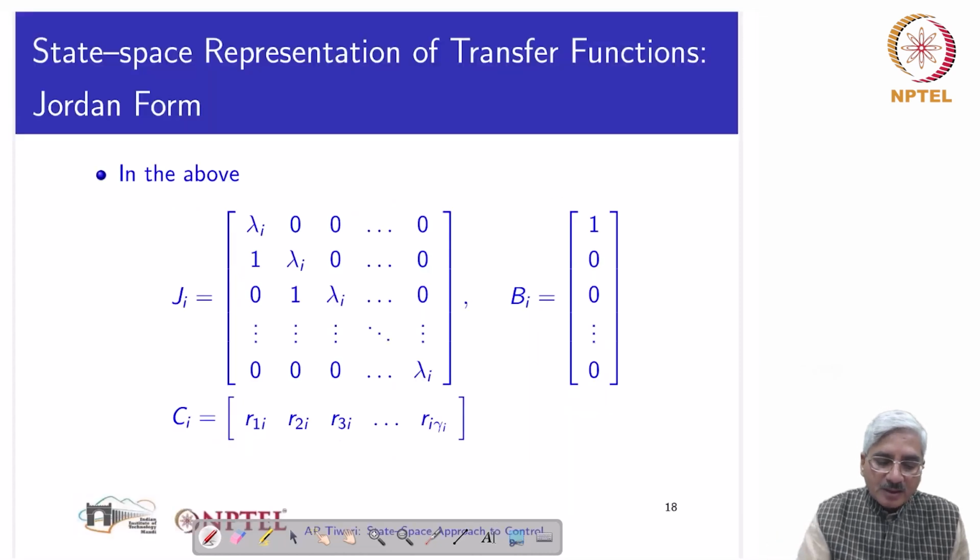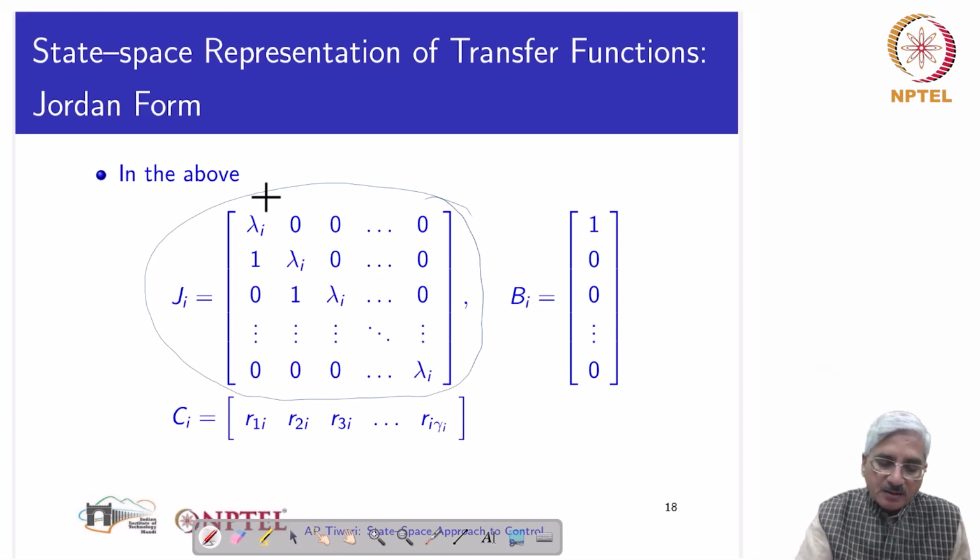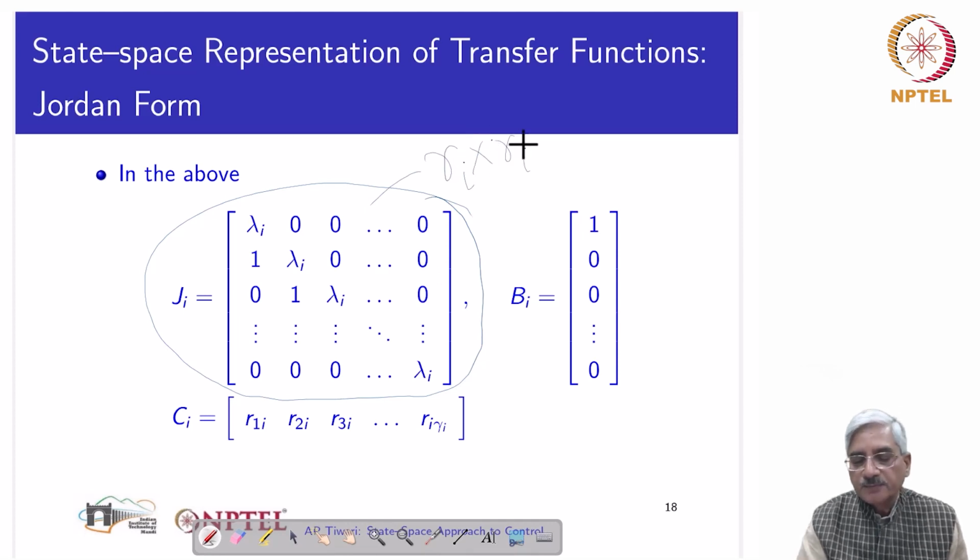Each of them, that Jordan form we saw before, is the Jordan form matrix. Each block is of this form, and the number of rows and columns is exactly equal to the corresponding multiplicity. So there will be a gamma I by gamma I square matrix.